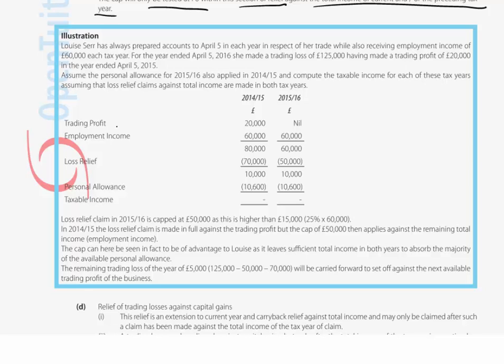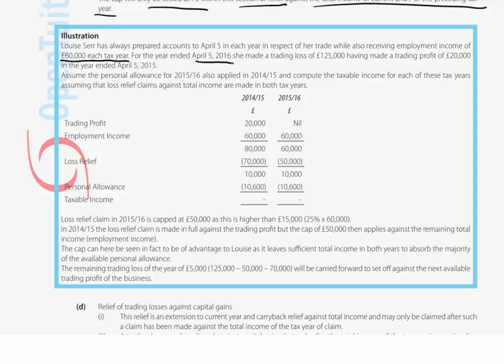Louise Sir, no doubt she's called Lou for short, has always prepared accounts to April the 5th in each year in respect of her trade, while also receiving employment income of £60,000 in each tax year. So she's got both employment and self-employment. She has employment income each year of £60,000, a figure you will see strategically located above £50,000.